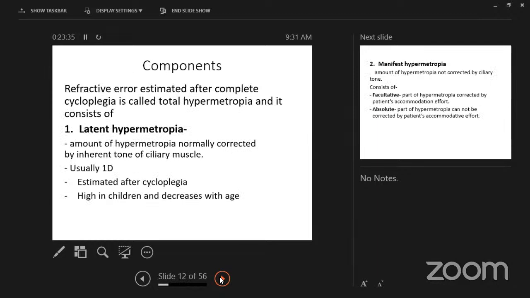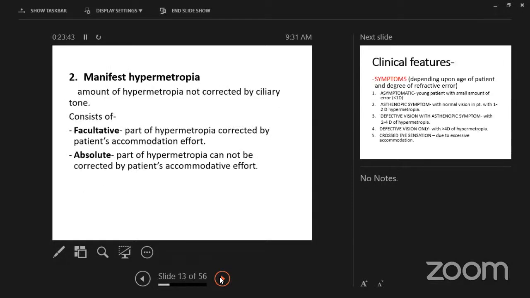Latent hypermetropia is corrected by the inherent tone of the ciliary muscle. It is usually high in children and decreases with age. Manifest hypermetropia is not corrected by the ciliary tone and consists of facultative and absolute hypermetropia. Facultative is corrected by the patient's accommodation effort, and absolute is not corrected by the accommodation effort.